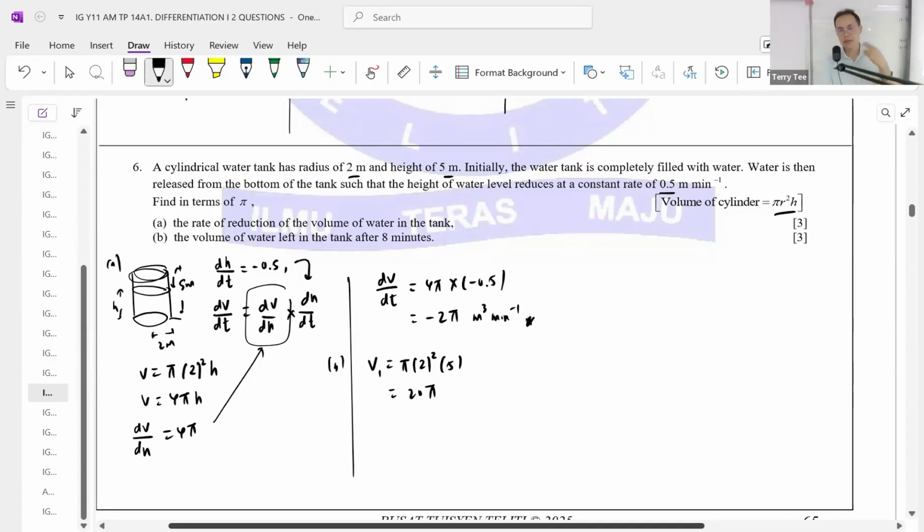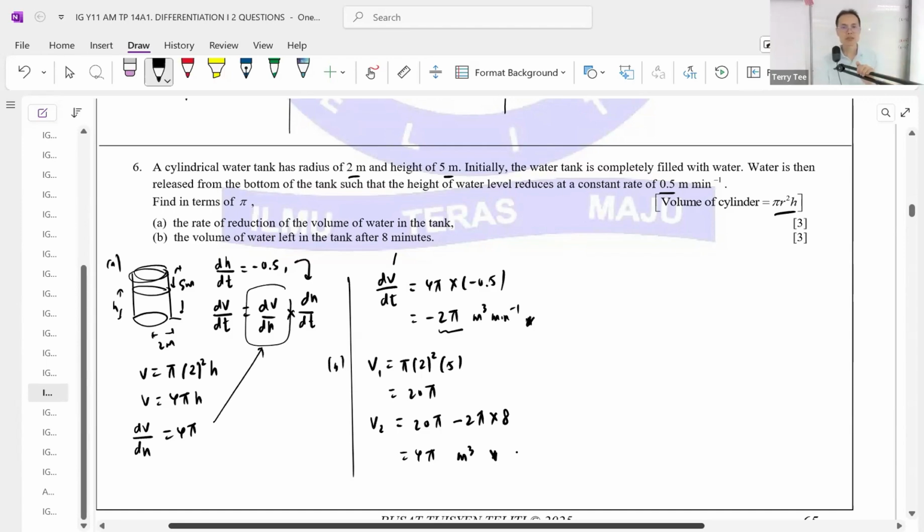So after 8 minutes, what is the volume after that? I call it V2. Every minute you drop by negative 2 pi. So we take 20 pi minus 2 pi times 8 minutes. Answer is 4 pi meter cube. This one is a bit interesting because it actually reduces at a constant rate.